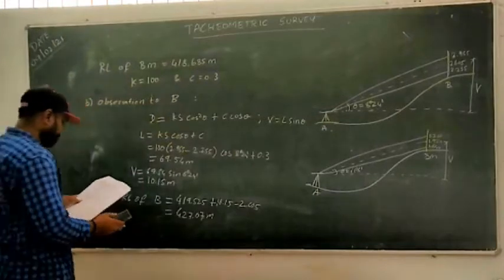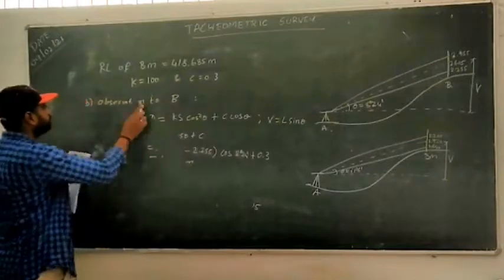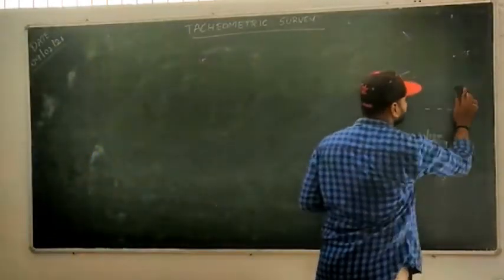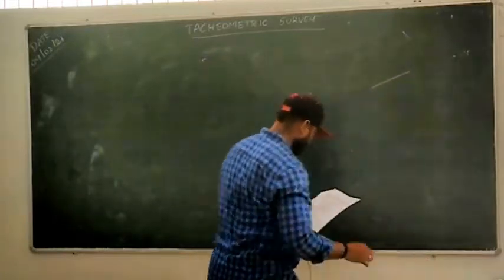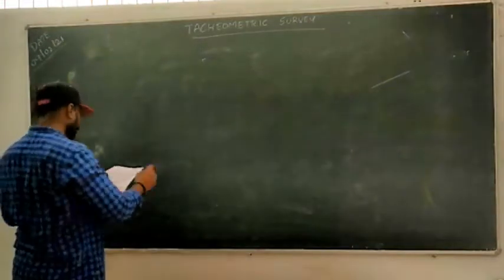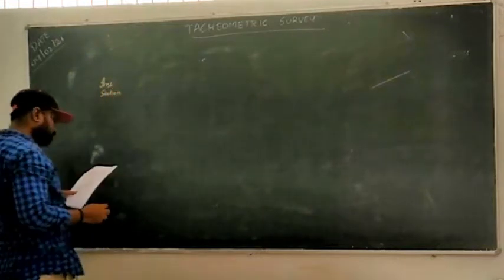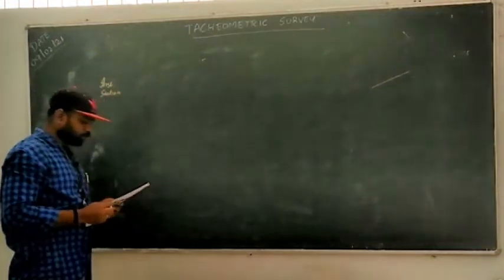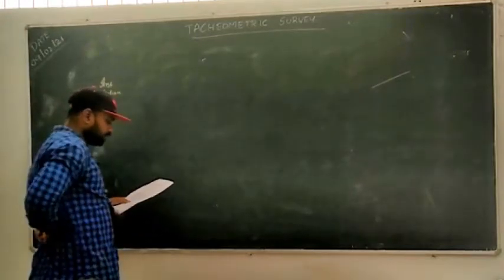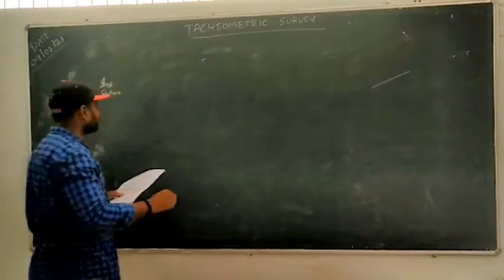Another one small problem. Take this. The elevation of a point P is to be determined by observations from two adjacent stations of a tachymetric survey.